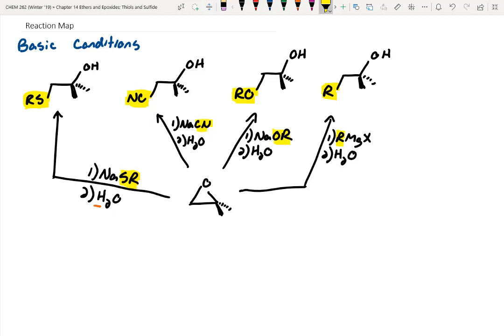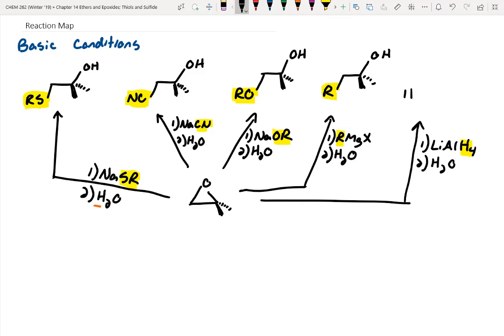All right, and then the last one under basic conditions is with LAH, followed by water. Lithium aluminum hydride is also a really strong base, and it's the source of the hydride anion, right? So if we do this, we'll end up installing a hydrogen.